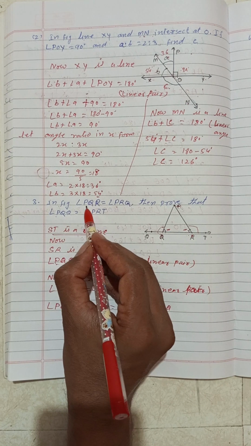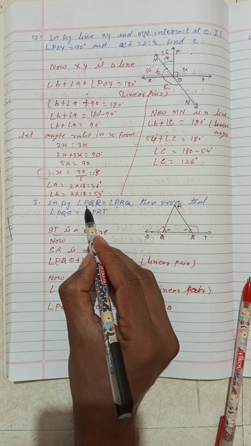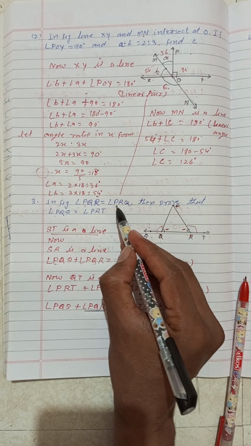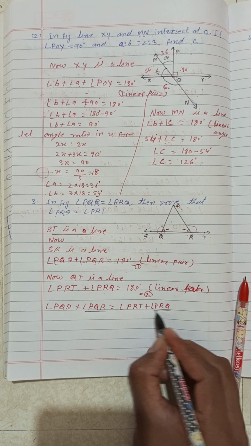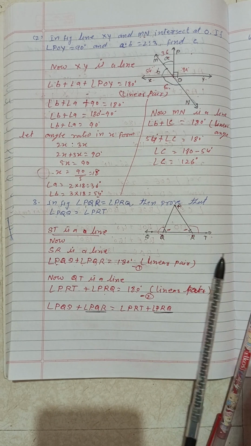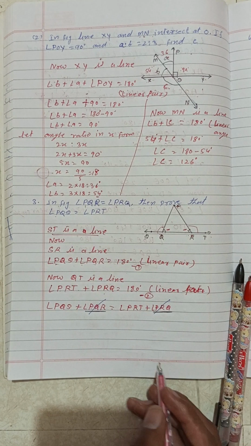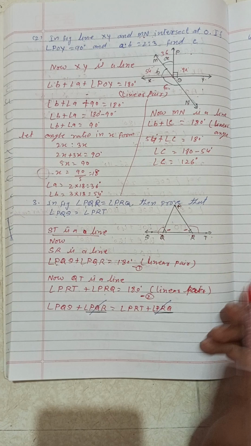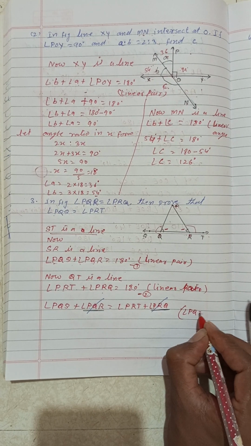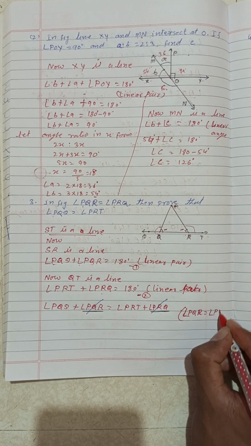Now, already in the given, angle PQR and angle PRQ are given equal. These are the equals, so we can cancel them. We cancel them like this, because it is already given that angle PQR is equal to angle PRQ.